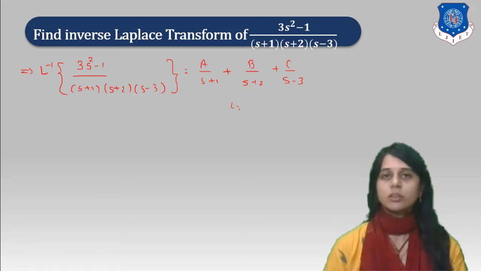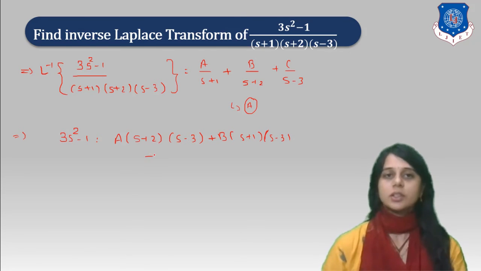This is our equation A. Now, taking LCM, 3s square minus 1 equals A(s plus 2)(s minus 3) plus B(s plus 1)(s minus 3) plus C(s plus 1)(s plus 2).